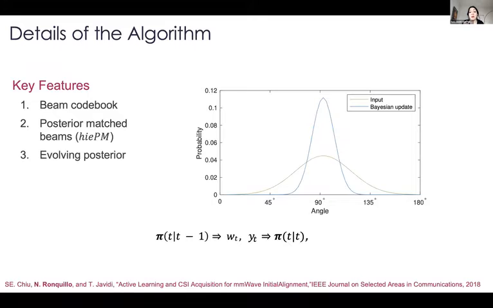Now, the next piece is really evolving the posterior. Every time you make a measurement, it tells you a confirmation, given the SNR that you're measuring, whether you are covering the transmitter or not.